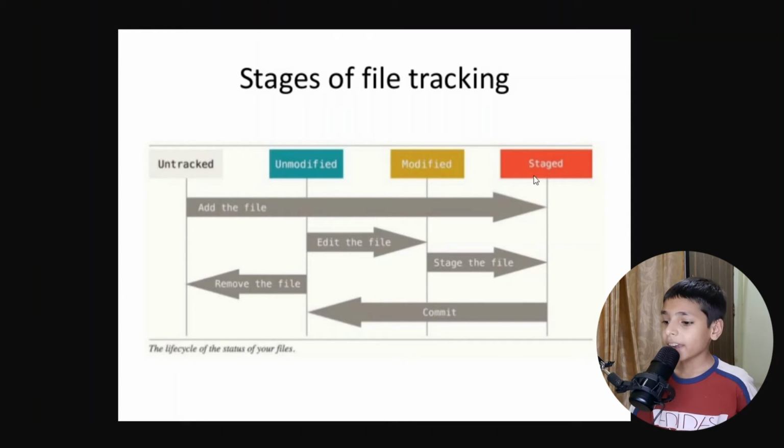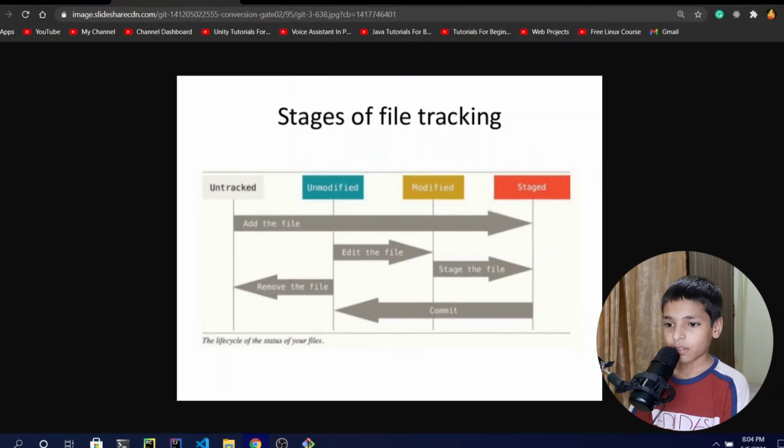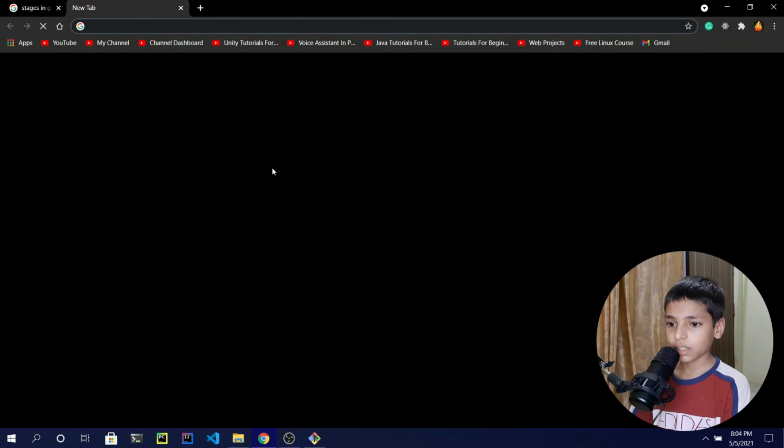And what if I commit this, and then I don't want this unmodified file to be in the commit area, so I can actually remove this file. So then it is one more time an untracked file. I hope you understand it, and if you didn't, I will also leave some notes on my website. Yes, and now let's close these things.